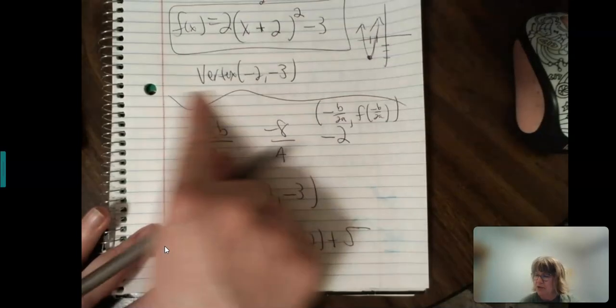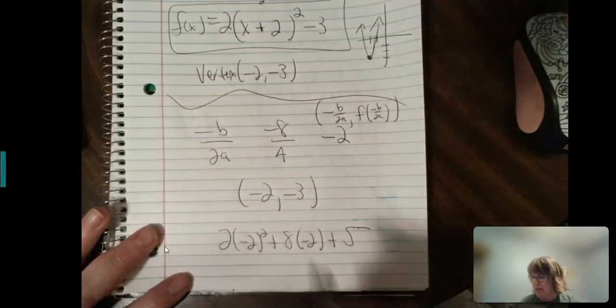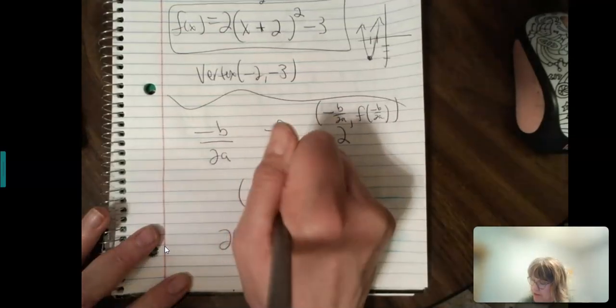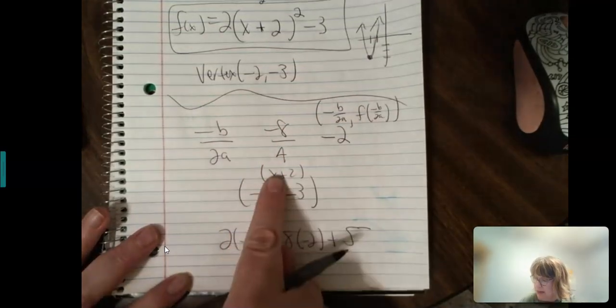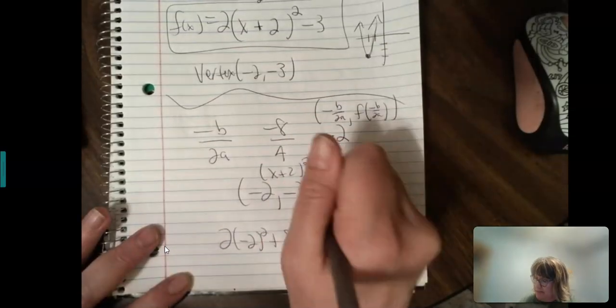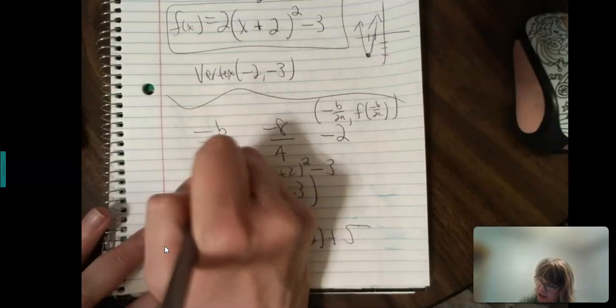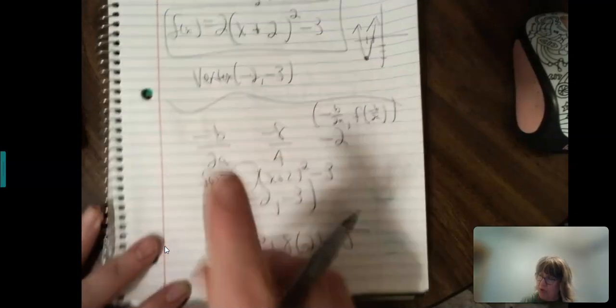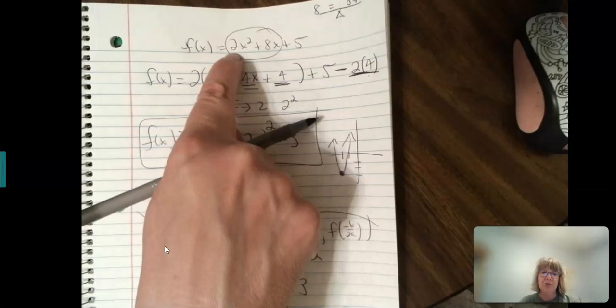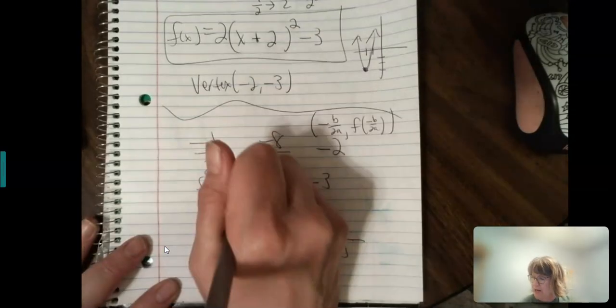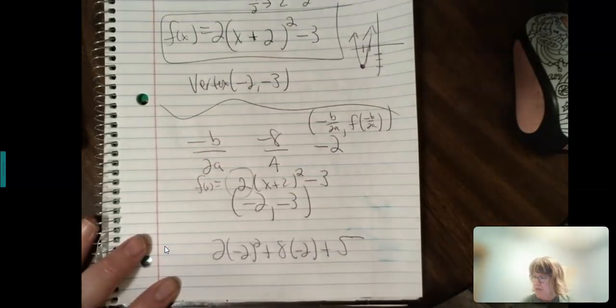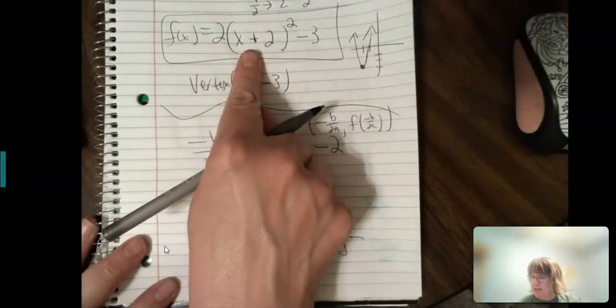And if you're like, well, Julie, how do I write vertex form? Well, you know that the shift would be a +2 because it's always the opposite on that. You know it's squared. You know the shift on your y is the output here. And then you're like, well, how do I get the coefficient? Well, what's the coefficient here? 2. Guess what? The coefficient here has to be 2.